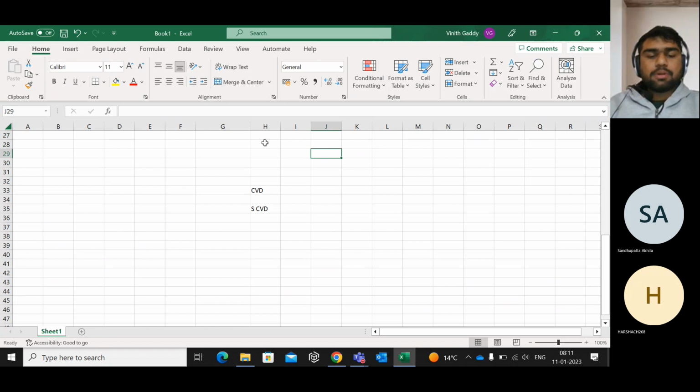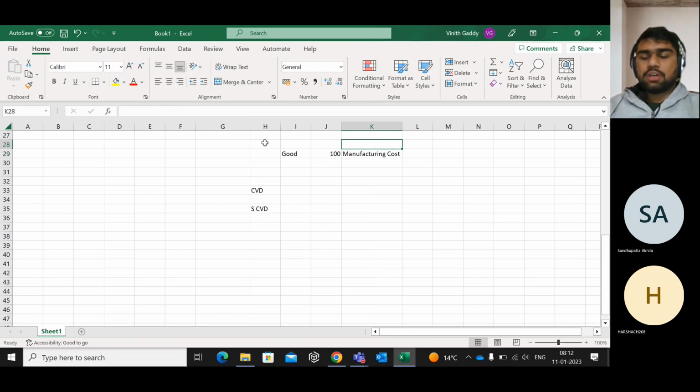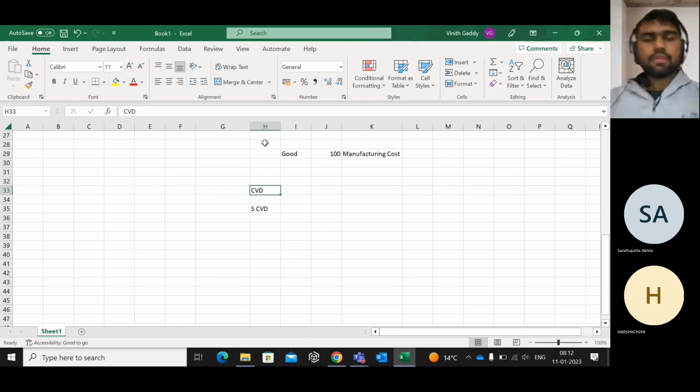If you have manufactured a product, that means a good, your manufacturing cost comes to 100 rupees in India. Now take it as in the previous scenario. First thing, what is this CVD? What is this special CVD?